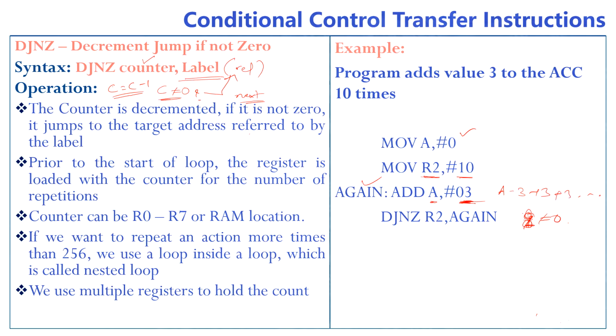Again 3 and so on. Once this is equal to 0, this is added 10 times. Now we will get 30 in decimal in the accumulator and now R2 becomes 0. Once R2 becomes 0, this condition is failed. The next instruction will be executed here, that is MOV R5, A. We have stored the final result, 30 decimal, into the R5 register.